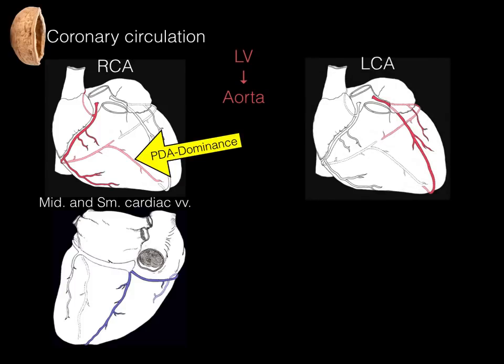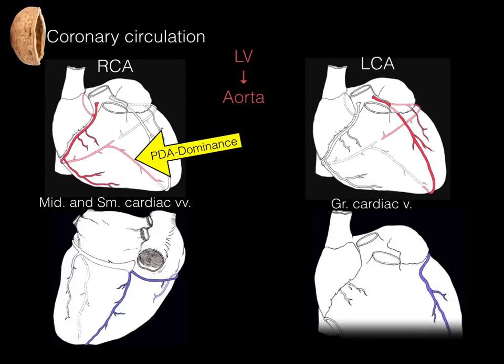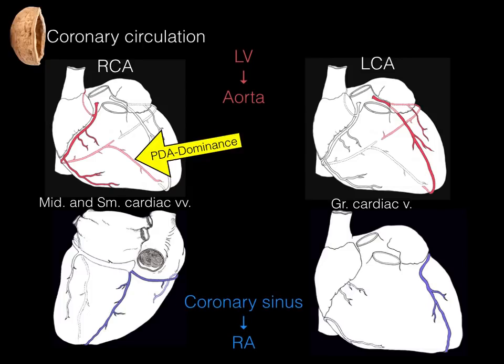Then the left coronary artery is going to supply the left side of the heart, and the great cardiac vein that parallels the LAD will bring the deoxygenated blood back to the coronary sinus and then to the right atrium. And that's how blood gets from the heart back to the heart. And this, my friends, is coronary circulation in a nutshell.